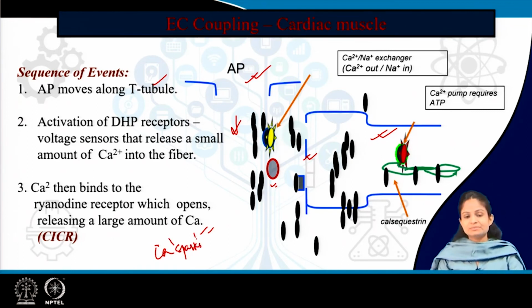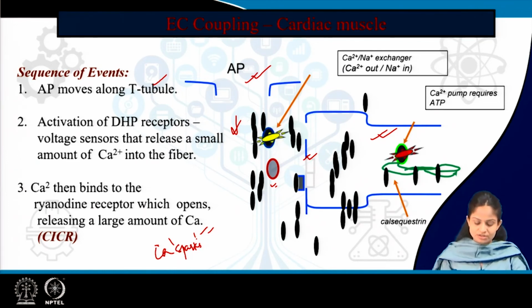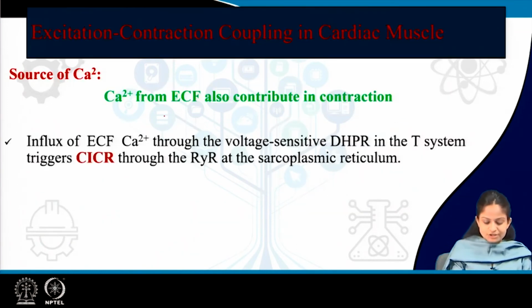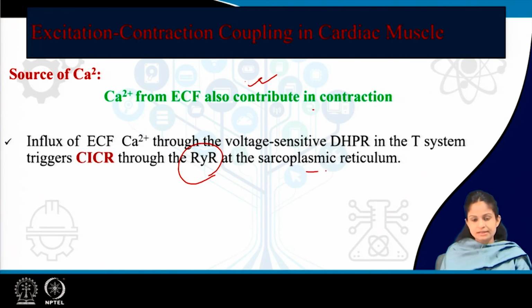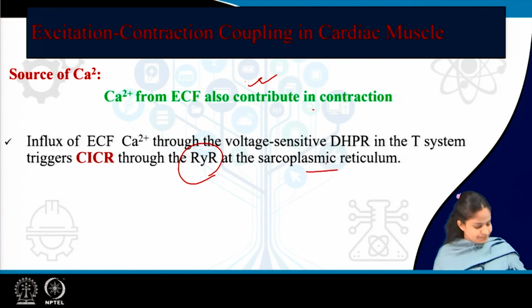So, this is calcium induced calcium release, CICR, which results in calcium sparks. So, calcium from extracellular fluid contributes to contraction, mainly through the ryanodine receptors present at the sarcoplasmic reticulum.